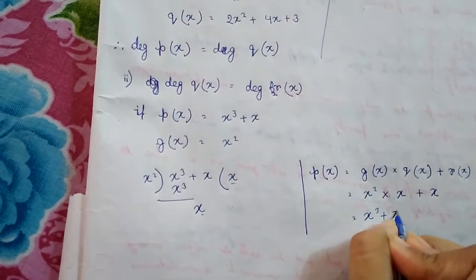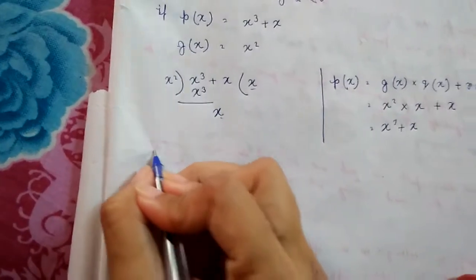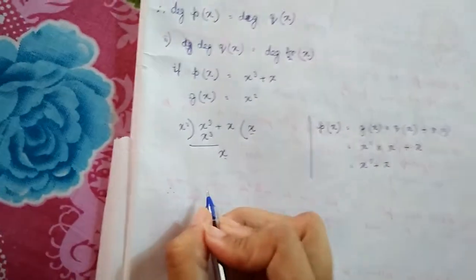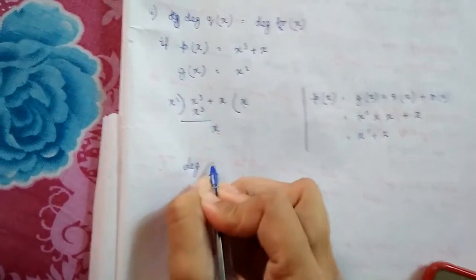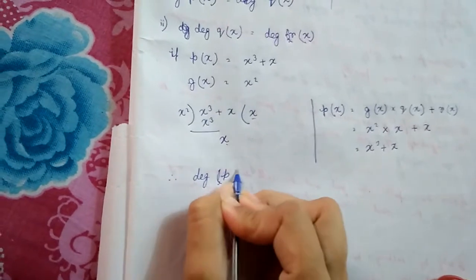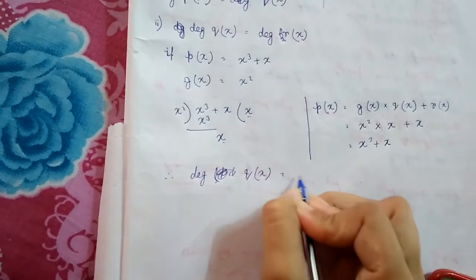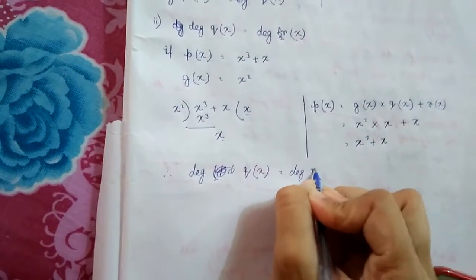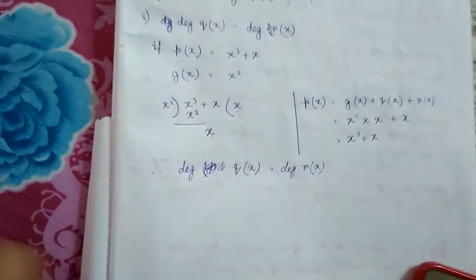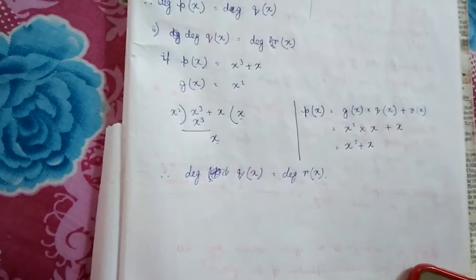So we got x cube plus x, that was the p(x). Therefore we can prove that in this question the degree of q(x) is equal to the degree of r(x). So this way you can solve this question.